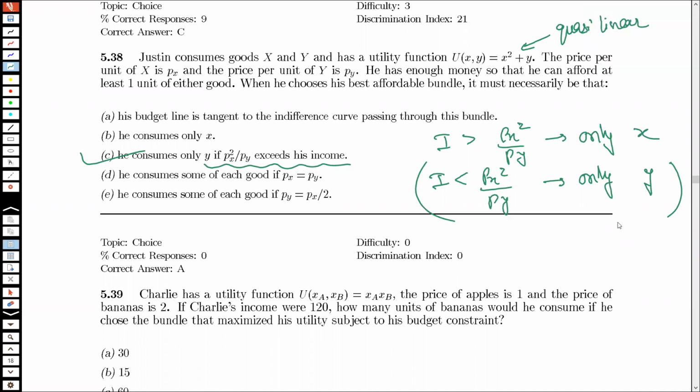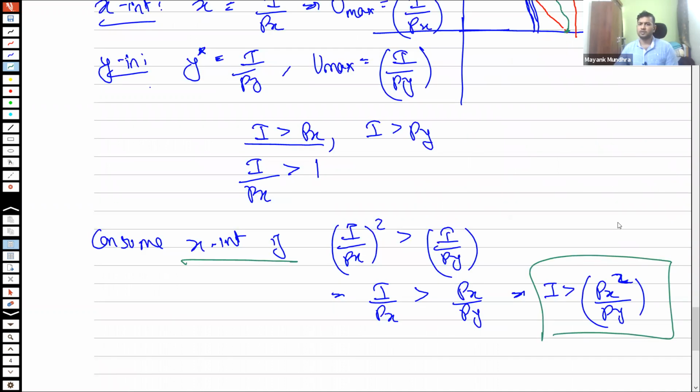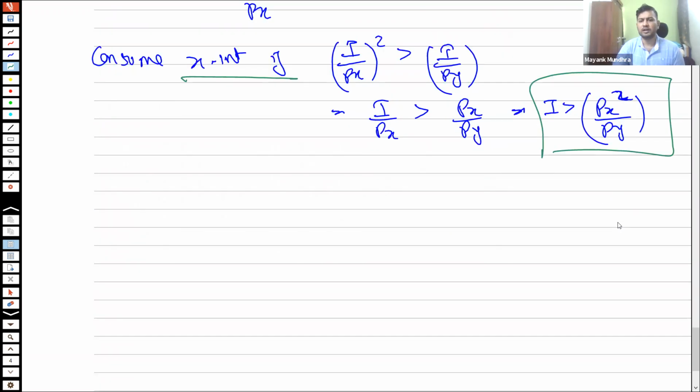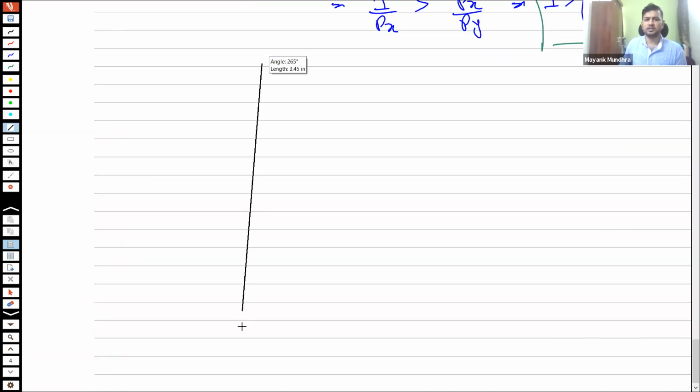Sir, I had this doubt in these quasi-linear preferences. Is it every time true that only X or only Y will be consumed? No, that was not true for convex quasi-linear preferences. We arrived at x star equals to something. If you go back to convex quasi-linear preferences, that's not true. In fact, that's the nature of concave preferences.